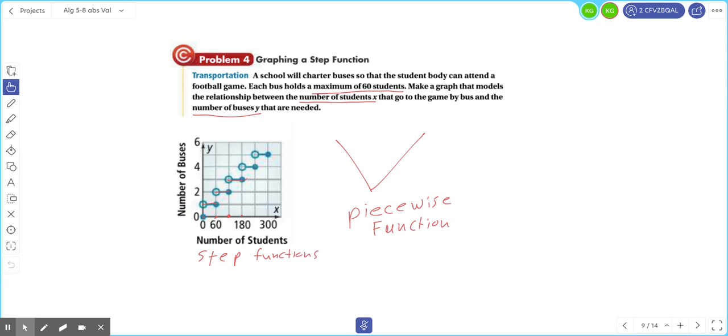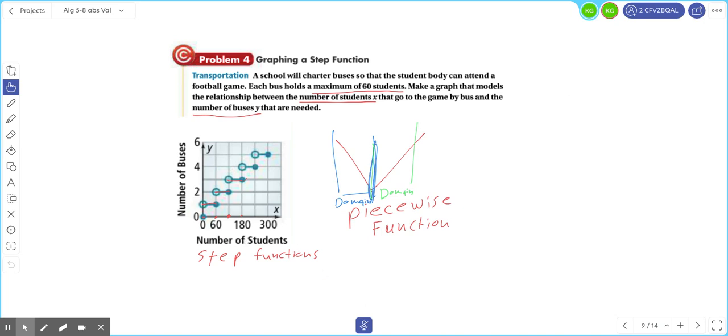Piecewise functions mean that for a specific domain you have one function. So in this blue domain, we have one function, and then in this green domain we have another one. But for step functions, it's just changing. There could be infinitely many, I guess, if you had lots and lots of students.